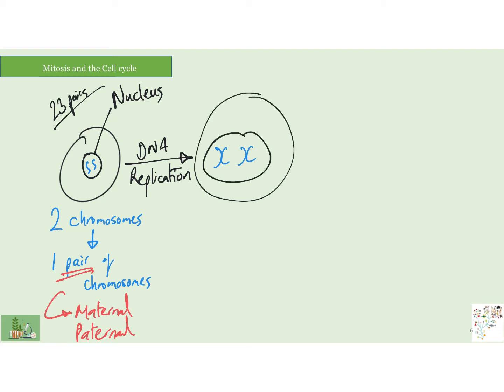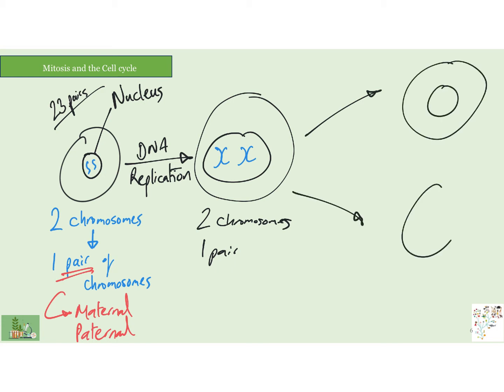Okay? I still actually only have 1 pair of chromosomes, but each chromosome has replicated itself. And then all that happens is this splits into 2 cells.